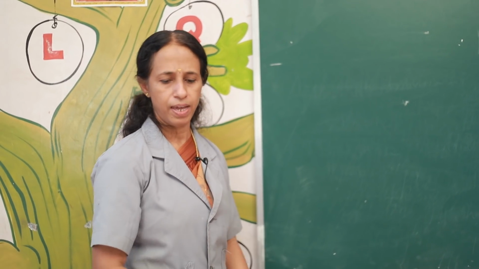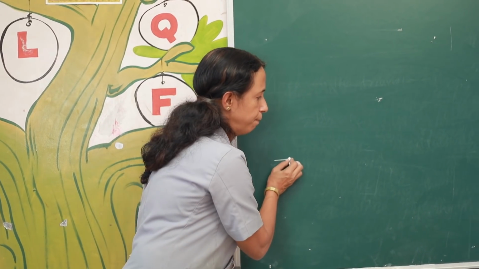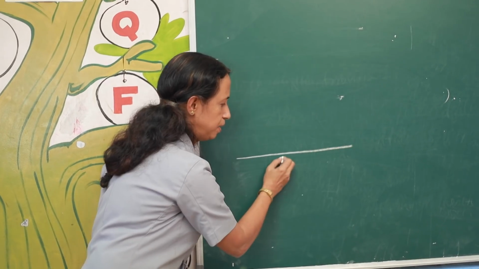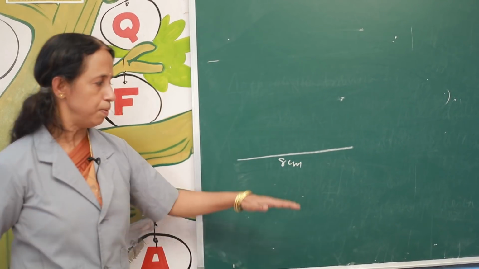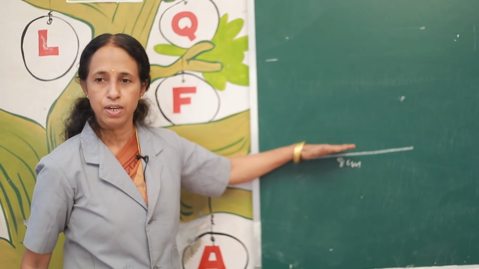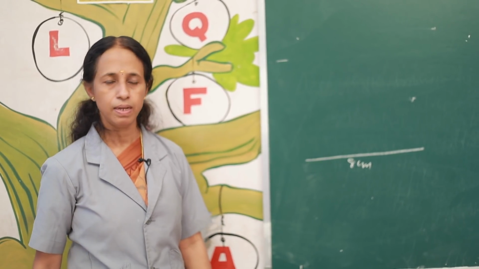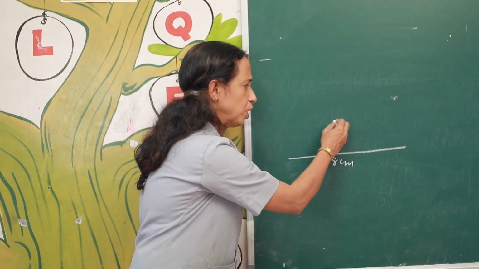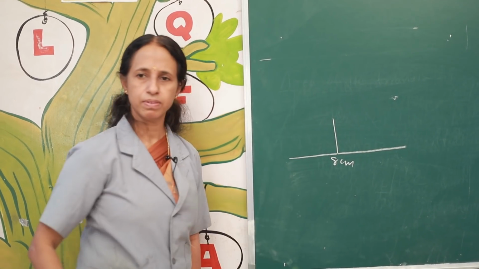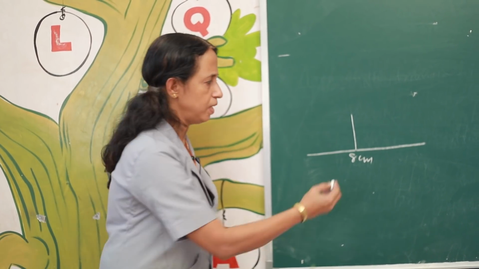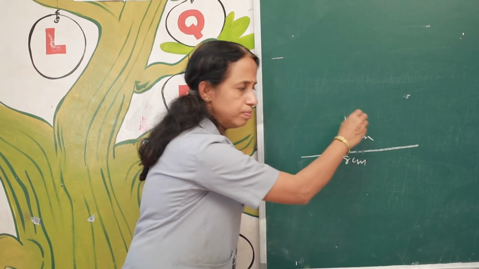First, draw a line of length 8 centimeter. Measure it. The height is equal to 3 centimeter.